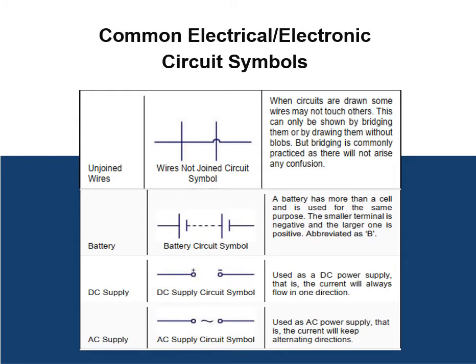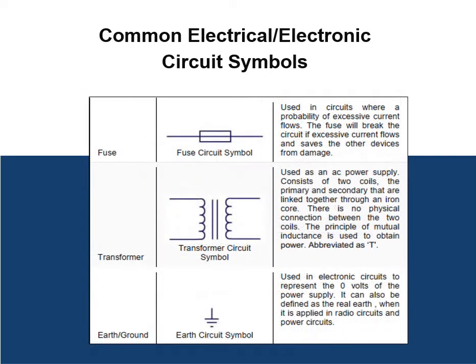The battery for the DC supply circuit, AC supply. Fuse: it is used in circuits where there is a probability of excessive current flow. The fuse will break the circuit if excessive current flows and saves the other devices from damage.